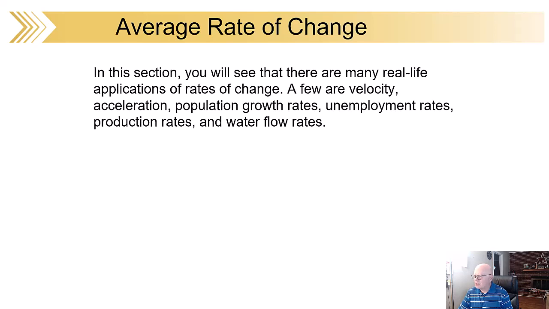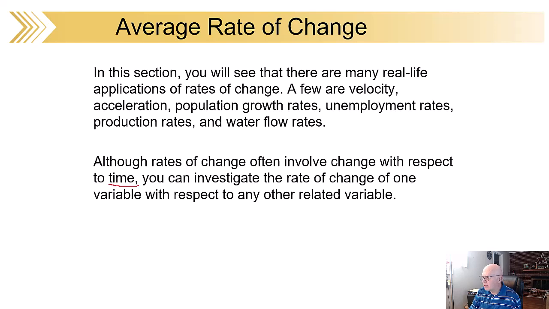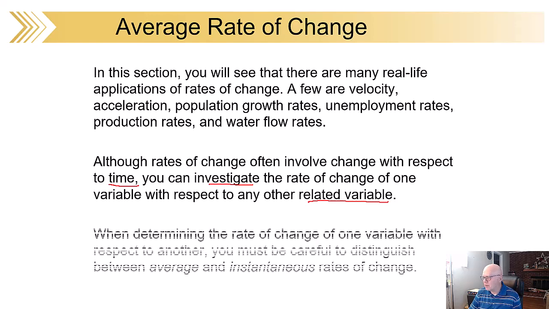Velocity, acceleration, population growth rates, unemployment, and so on. But quite often they change with respect to time. But you can talk about changing with respect to any related variable, not just time. We'll get to that in time though, excuse the pun.